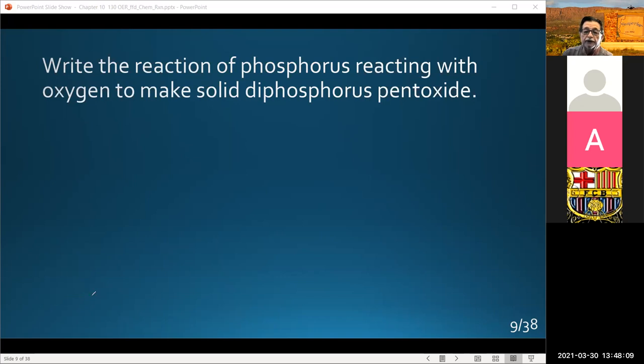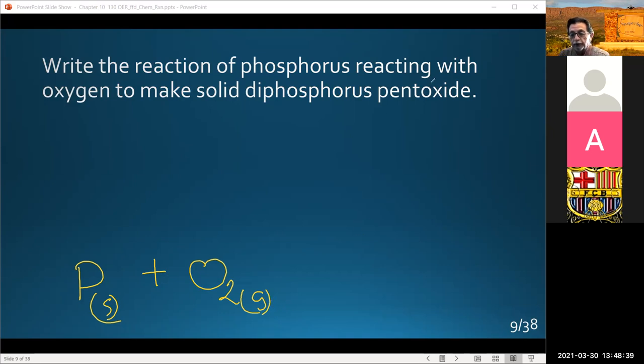What I have is phosphorus, which is the symbol P, and it is a solid. It reacts with oxygen, and I know that oxygen is diatomic and it's a gas.